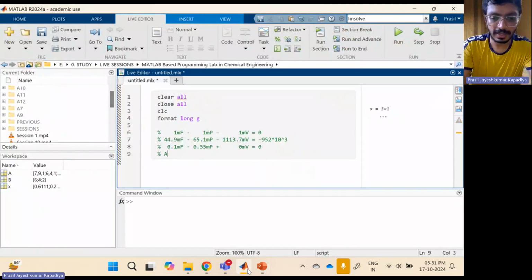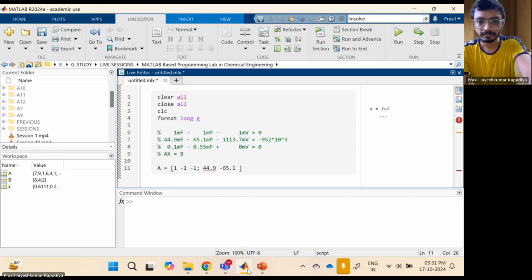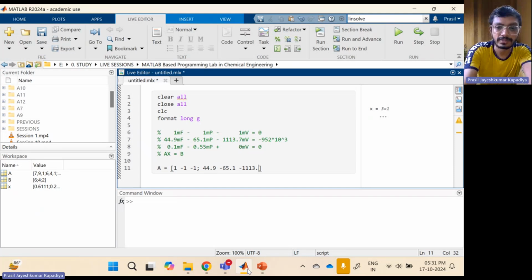I need to write it down as Ax is equal to B. Correct? So my A matrix: the first row of the matrix is 1, minus 1, minus 1. Then my second row is 44.9, minus 65.1, minus 1113.7.